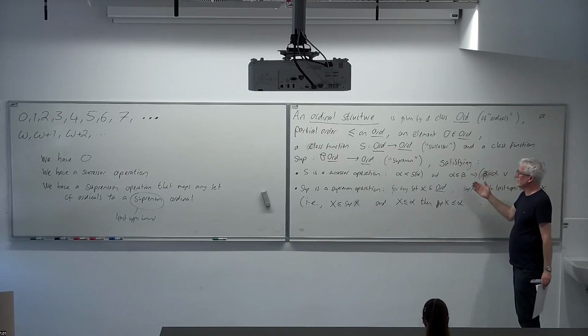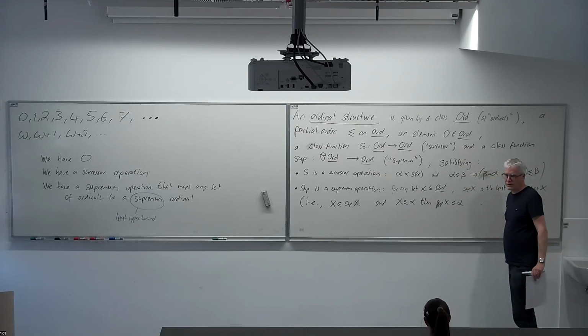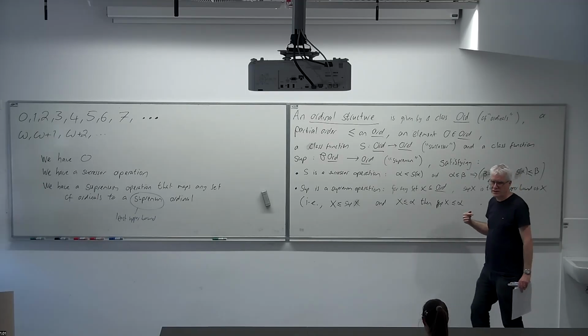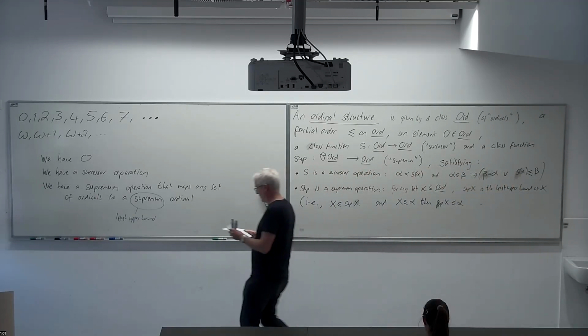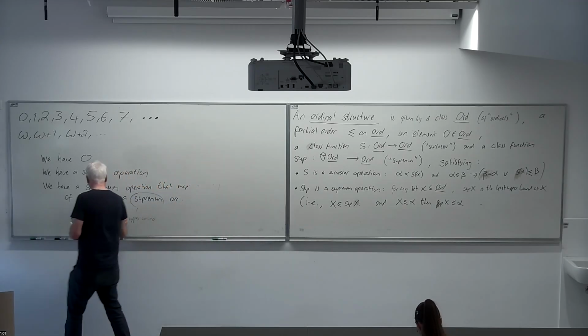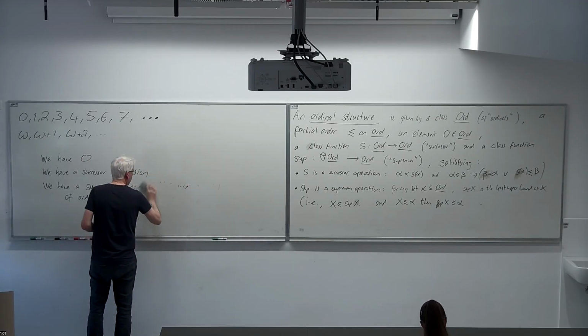And so we want to say that the ordinals are everything that we generate through these methods, and we're going to have an induction principle that tells us this. This is a very important induction principle in mathematics, and it's called the principle of transfinite induction. So this is the last axiom of an ordinal structure.